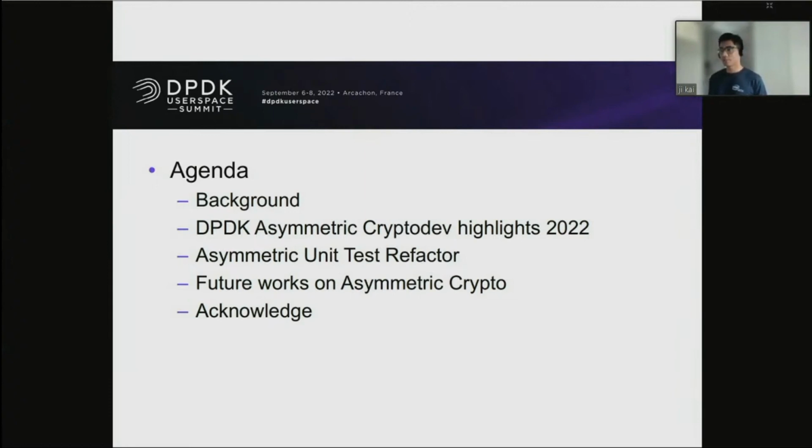And what future work we're planning for the asymmetric Cryptodev in DPDK. Unfortunately, most of the topics covered in this talk are based on code walkthrough, so I do want to apologize in advance for no fancy diagrams in my slides.